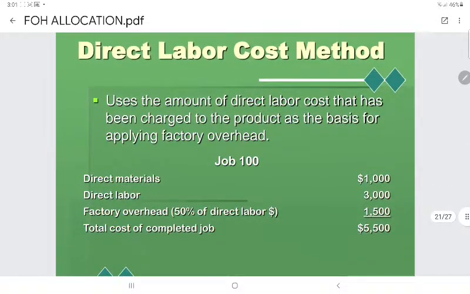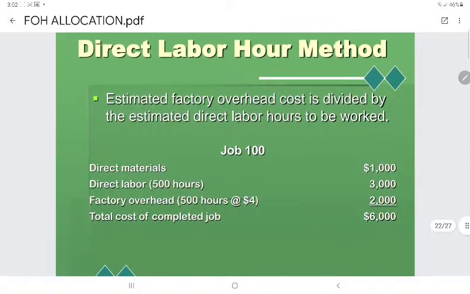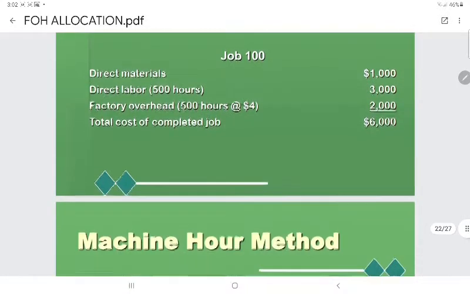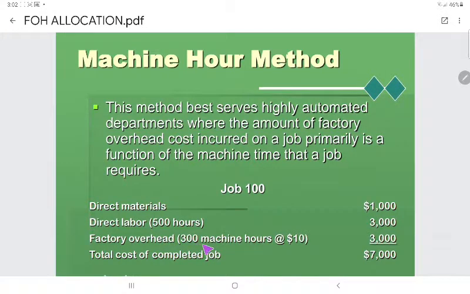You see, if it is direct labor cost, it's a percentage of the amount of the direct labor cost. Then, if it is hours method, then you just determine how many hours. Diba? Kaya sabi ko sa inyo, physical factor. Likewise, if it is machine hour, tingnan nyo, kung gaano kadaming oras.